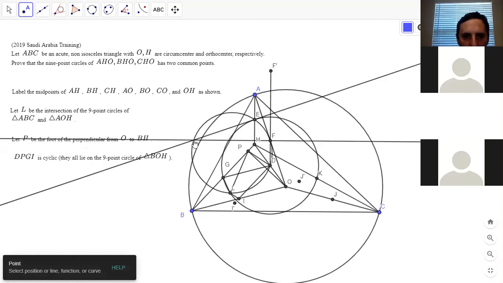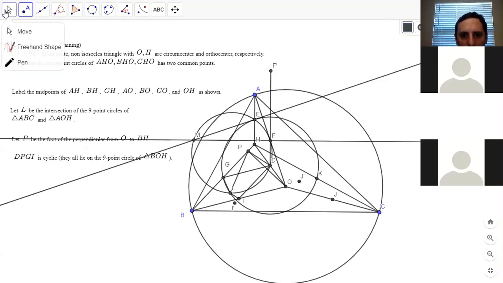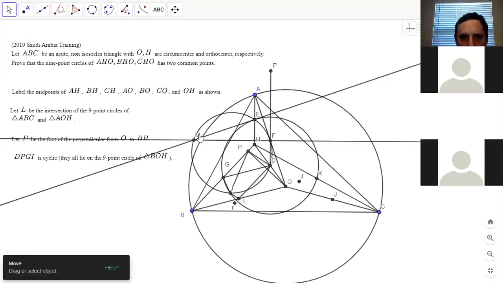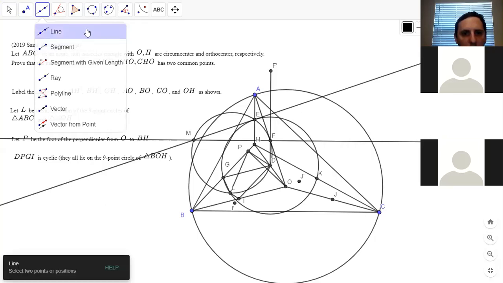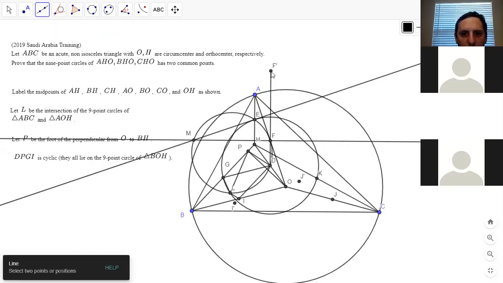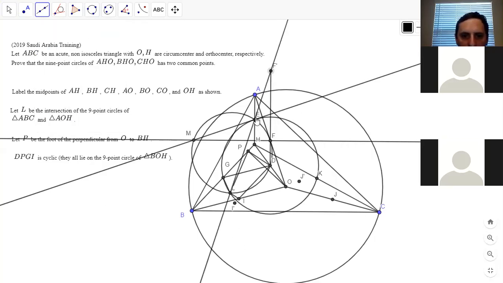Okay. So that is the pole of EF prime. Somehow we can prove that that point and the two other similar points are collinear. Then we can show that F prime E and the other two are concurrent.